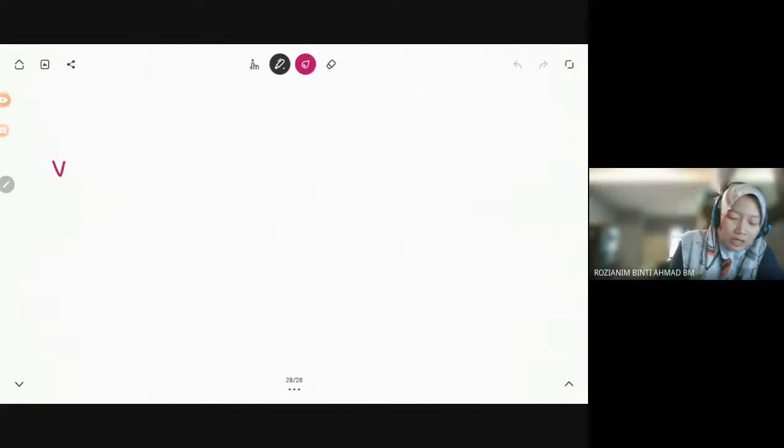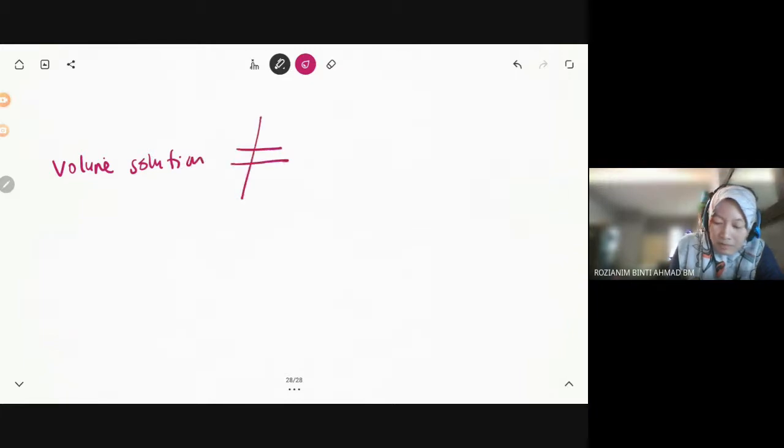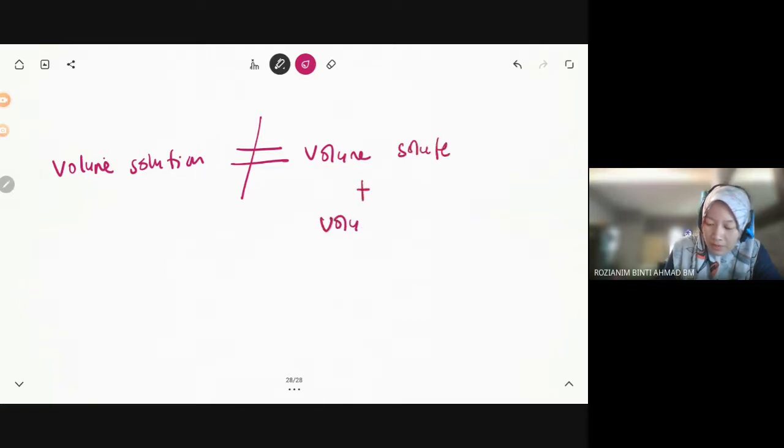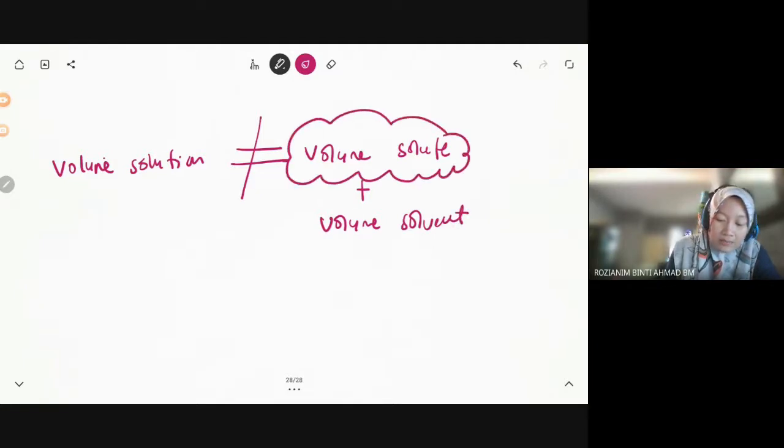Conclusion ni kenapa? Volume solution bukan daripada hasil tambah volume solute tambah volume solvent. Kenapa bukan? Solute, dia punya properties maybe solid ataupun liquid.